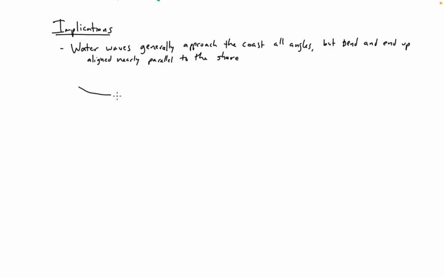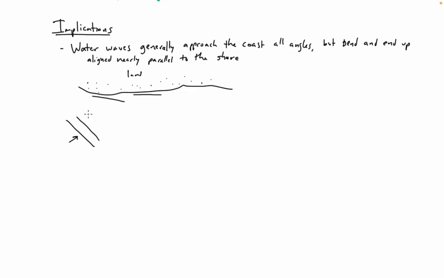So if this was land, and this is the sandy beach, the crests of the waves are usually coming in pretty much parallel to the shore, and that is because, even if they're coming in at some larger angle.